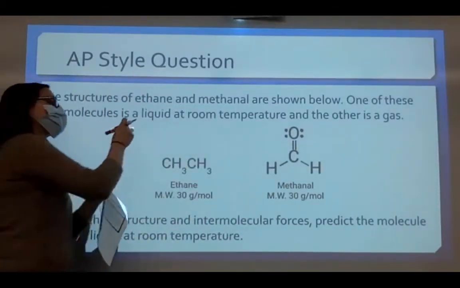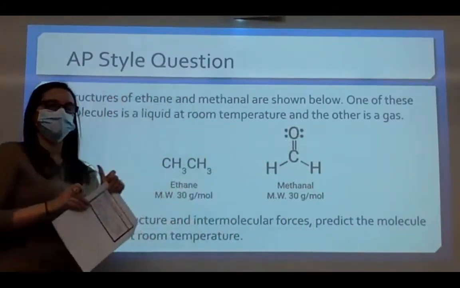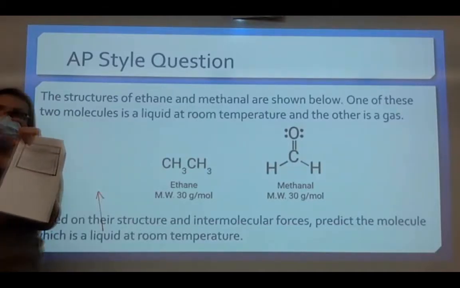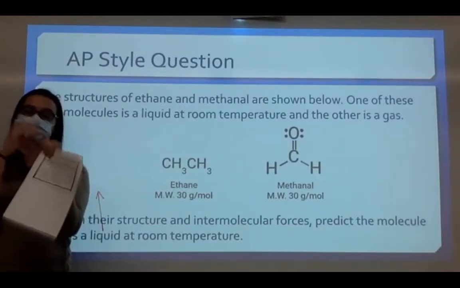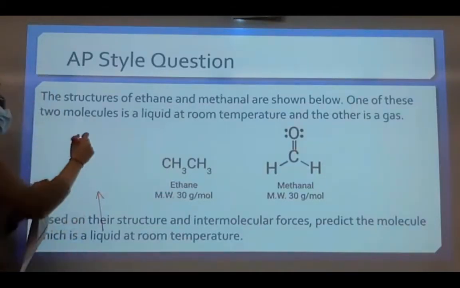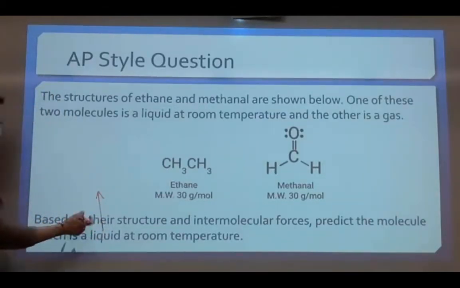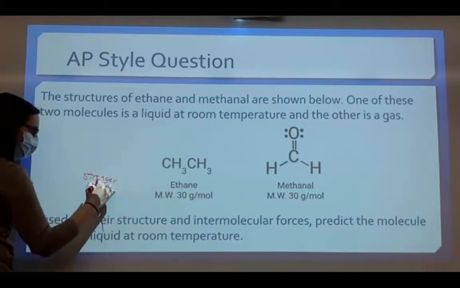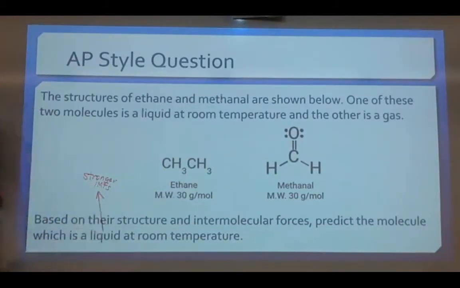Which one has the stronger attractions, liquids or gases? Liquids. Molecules are closer together, so there's going to be more attraction. So if it's asking which one is the liquid, we're looking for the one that has stronger IMFs.